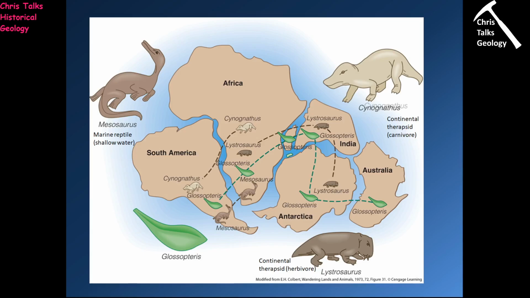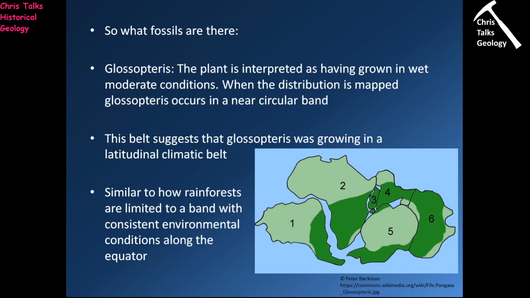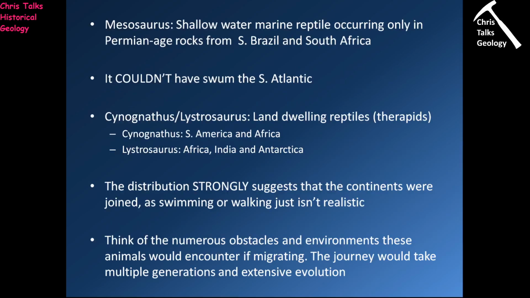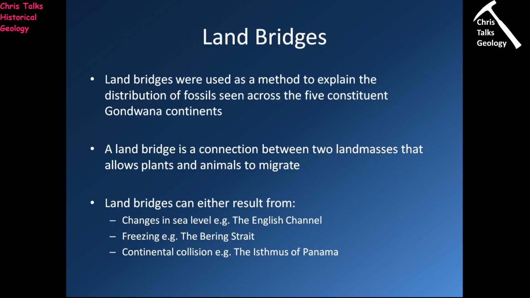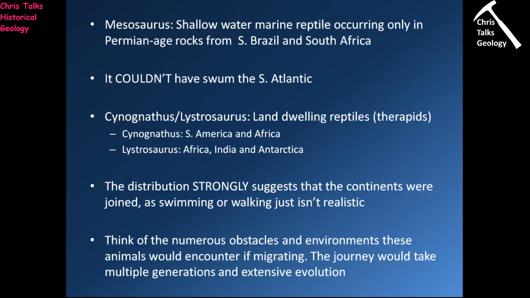So, once again, the idea of a migration is actually very, very difficult to explain to a degree where you could make a strong argument for it. So the most reasonable argument is simply to say the southern continents were all together as one large landmass, and then these animals can quite happily migrate between the continents with very little fuss.